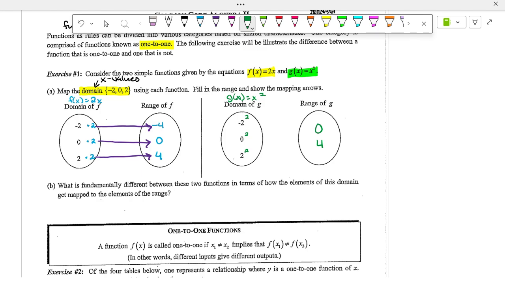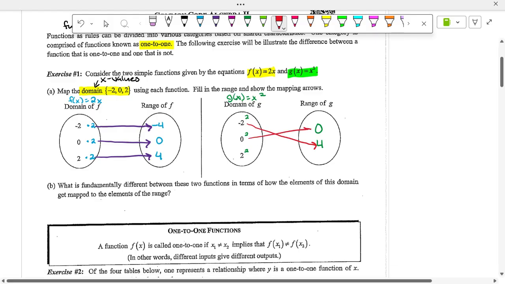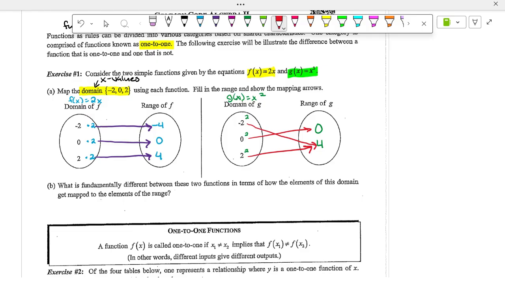Now, since 4 repeats twice, we're only going to write 4 once in the other oval. So you should only have 0 and 4 in the range oval. Now, we're going to draw the arrows to those y values. So negative 2 goes to 4, 0 goes to 0, and 2 goes to 4. So you should have 2 arrows pointing towards 4.